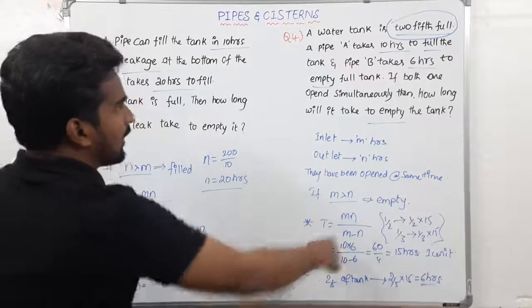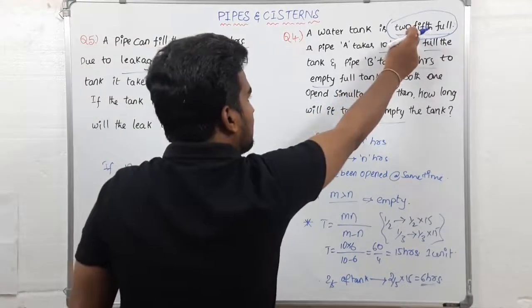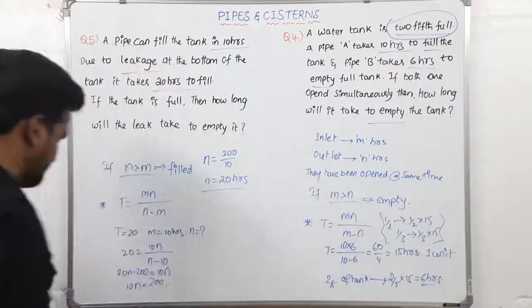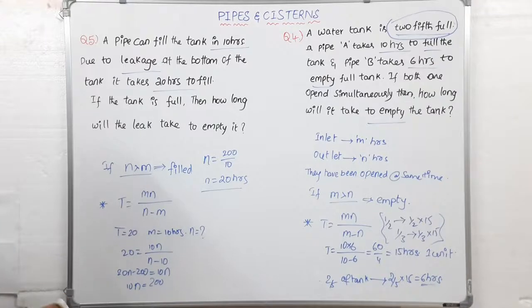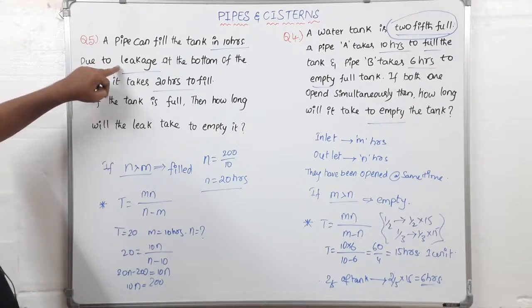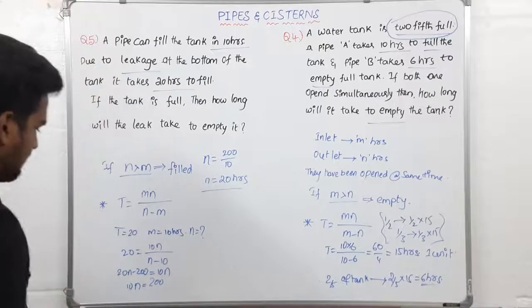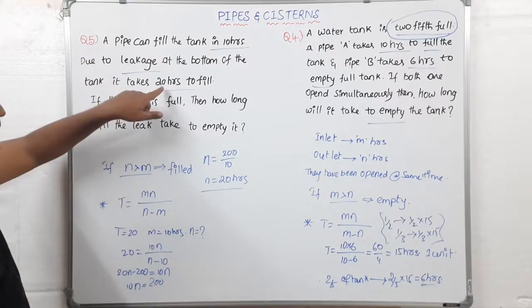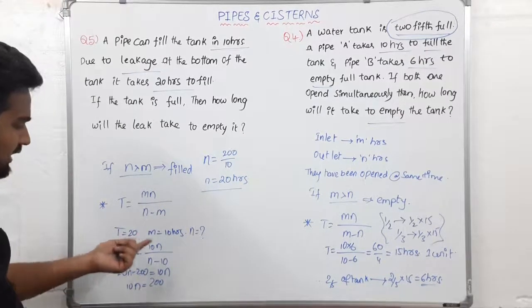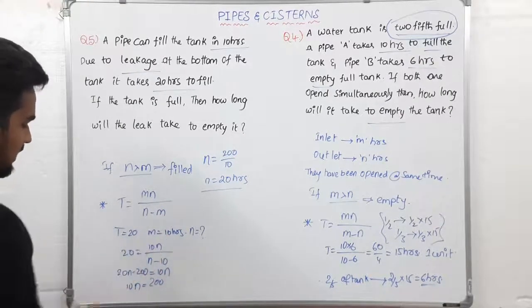In the previous problem they gave that the tank is 2/5 full, so we multiplied by 2 by 5. Here they didn't mention the time taken by the outlet pipe, that is, the leakage in this problem, and they mentioned the total time. Total time is 20 and m is 10 hours.